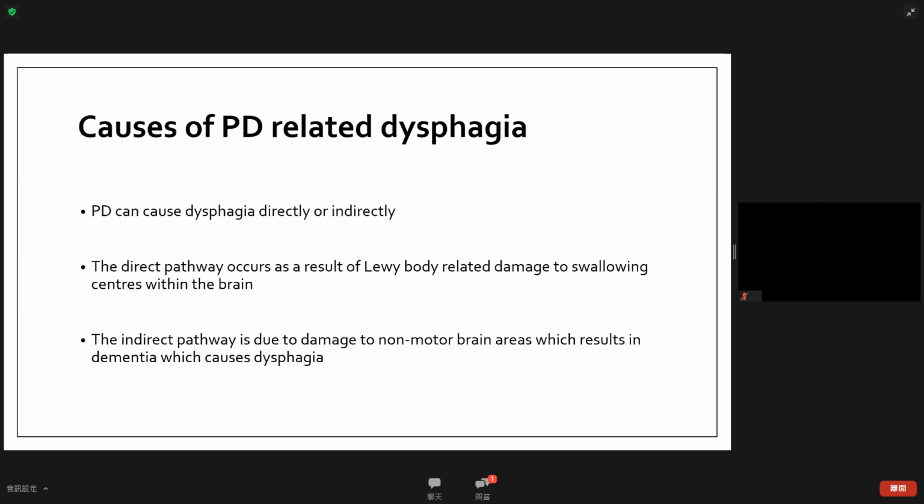When it does occur, it can occur directly due to damage caused to cortical swallowing centers or other swallowing centers caused by the deposition of destructive Lewy bodies, or indirectly due to Lewy body mediated damage to non-motor areas of the brain, which have the effect of causing dysphagia. For example, it is known that Parkinson's disease can cause dementia, and it is also known that dementia can cause dysphagia.